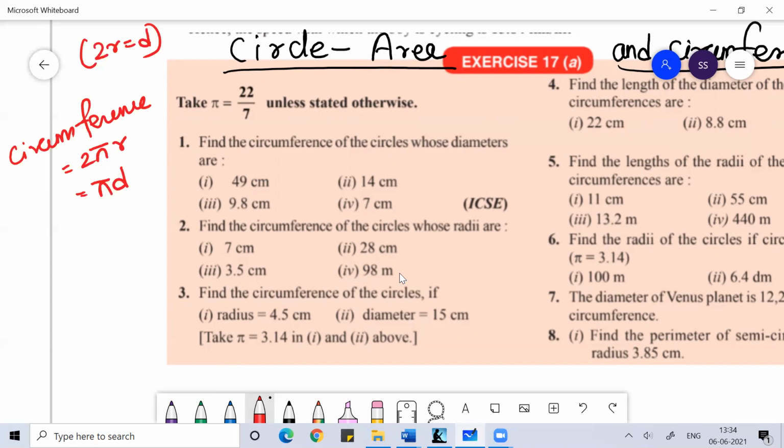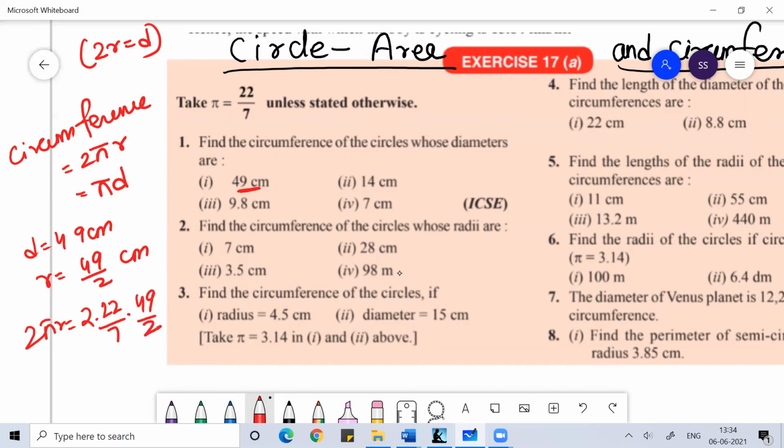So if the diameter is 49 centimeter and you want the circumference, either you find the radius, which is 49 by 2, and then apply the formula 2 pi r, that is 2 into 22 by 7 into 49 by 2.